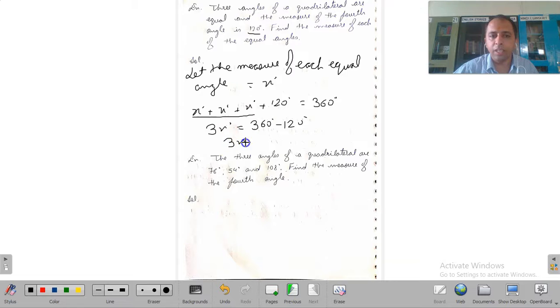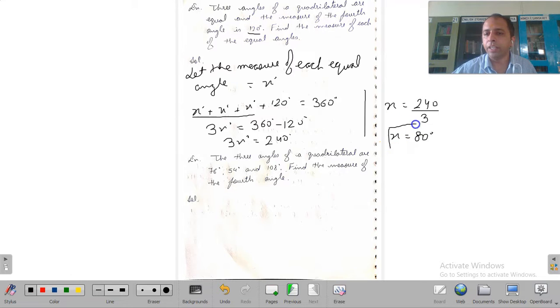So 3x degree is equal to 240 degree. So the value of x will be 240 upon 3, that means the value of x is 80 degree. So the measure of each of the equal angles is 80 degree. It's a very easy question based on the angle sum property of a quadrilateral.